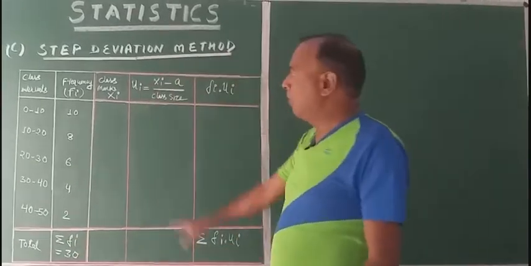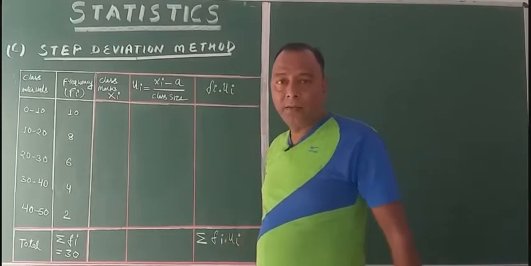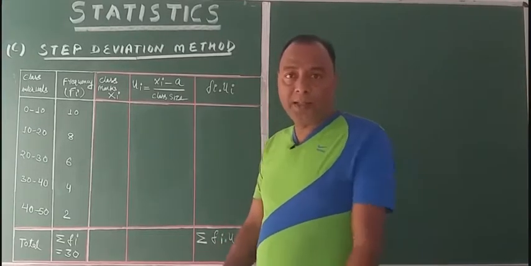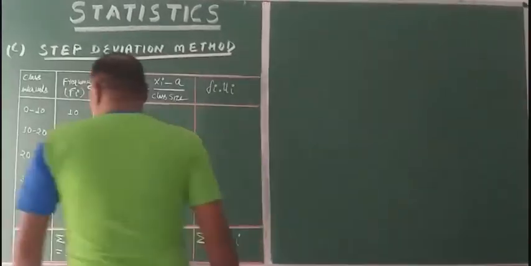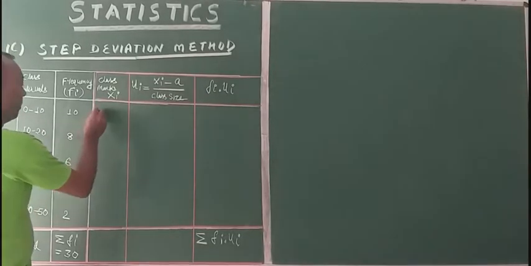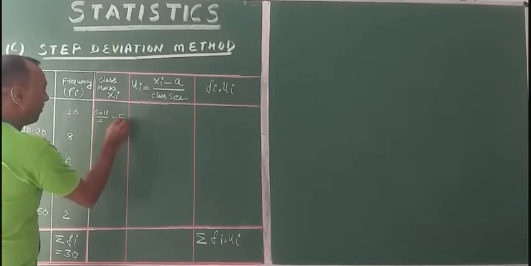Now coming to the class marks. The class mark is given by lower limit plus upper limit upon 2. Just look at the lower limit of this class interval, that is 0, and this is 10. So 0 plus 10 upon 2 will become 5.